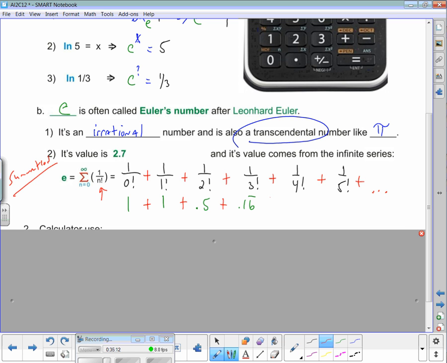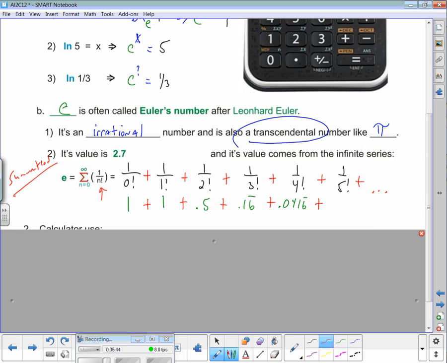Now do the next one. 4 times 3 is 12, times 2 is 24. What decimal is 1/24th? It's 0.0416 with a bar. So now we're up to 2.716.